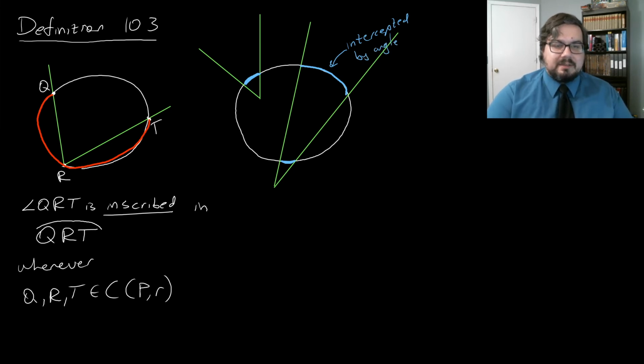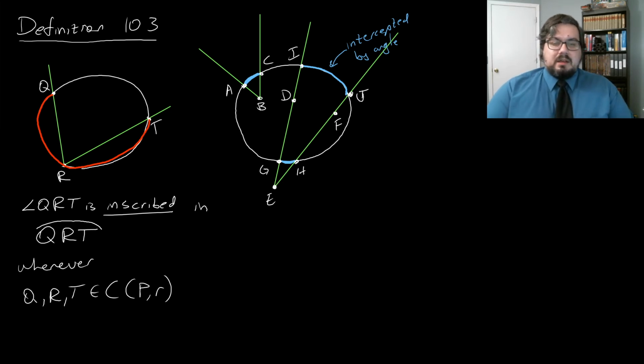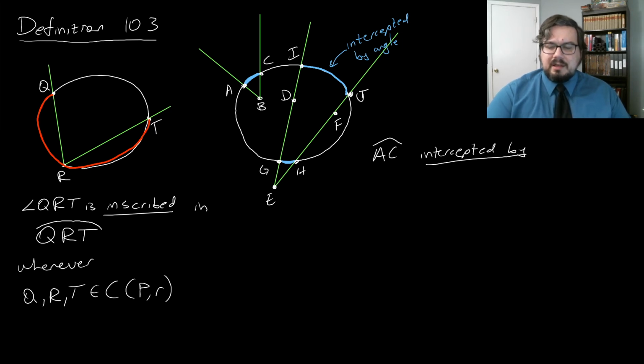So let me go ahead and give these some names also. A, B, C, D, E, F, just so that we can talk about them carefully. We will say that the arc AC is intercepted by the angle ABC.